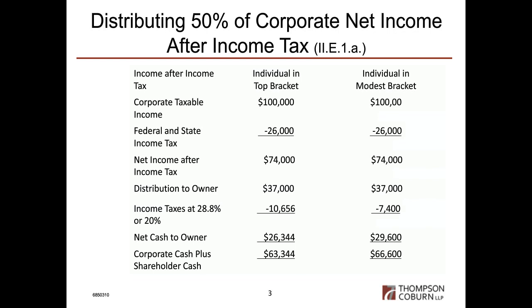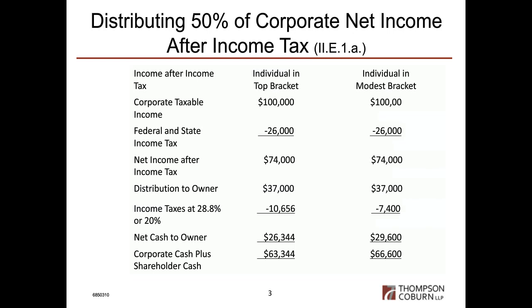This time our shareholders are in the modest tax rate. We're going to apply the 20% rate to that. So 20% of $37,000 is $7,400. We subtract the $7,400 from the $37,000 to come up with $29,600 in the shareholders' hands. So that's their $37,000 dividend after paying federal and state income tax on it.